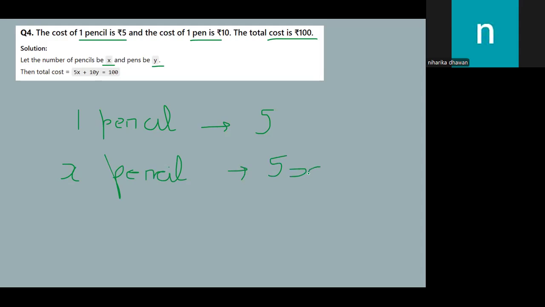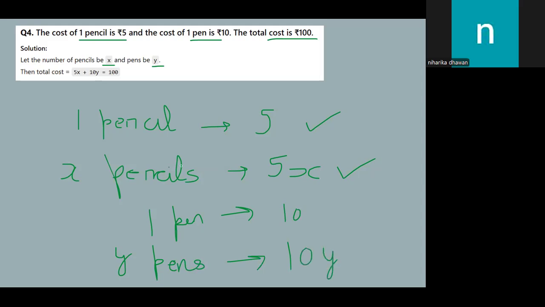We are just using the unitary method here. If the cost of one pencil is 5, then the cost of x pencils will be 5x. Again, the cost of one pen is given as 10. So the cost of y pens will be 10y. So we have the cost of x pencils as 5x and the cost of y pens as 10y.